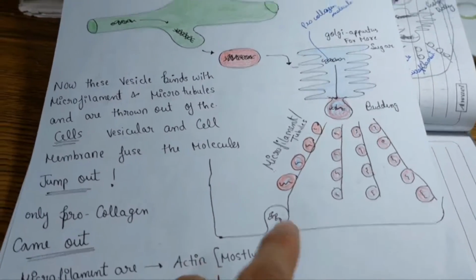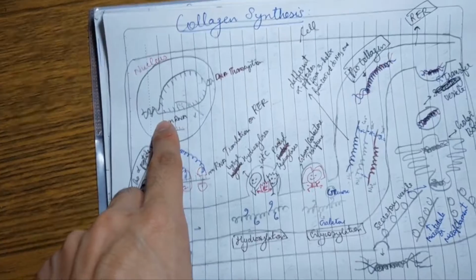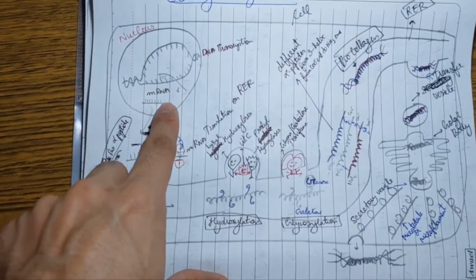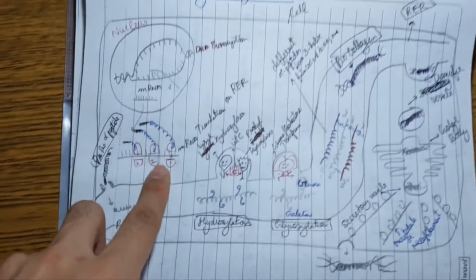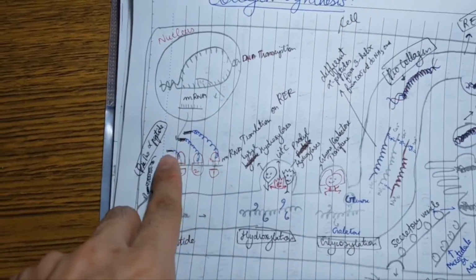Now if we go fast for a recap, we had the nucleus of the fibroblast, in which the DNA underwent transcription to produce mRNA of the alpha chain, and that mRNA was translated by many ribosomes, producing multiple peptide chains.